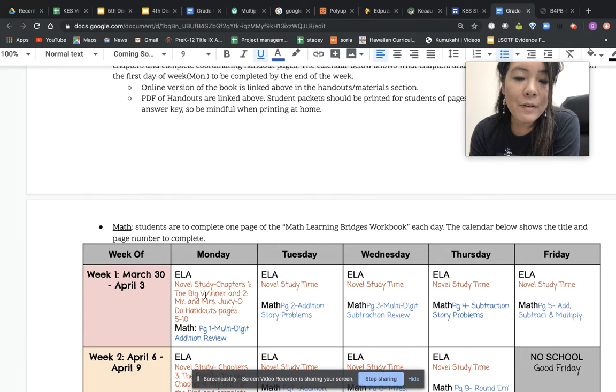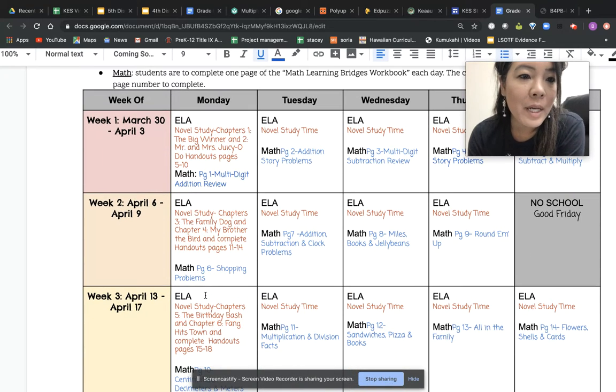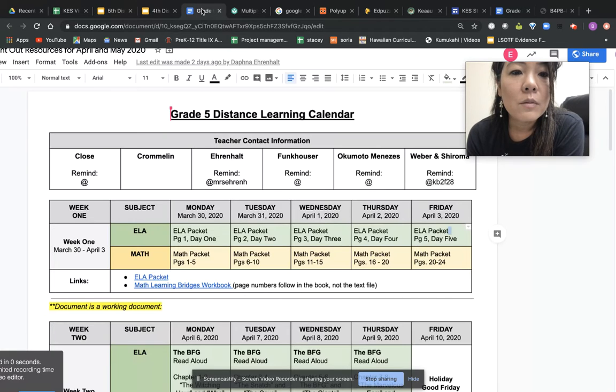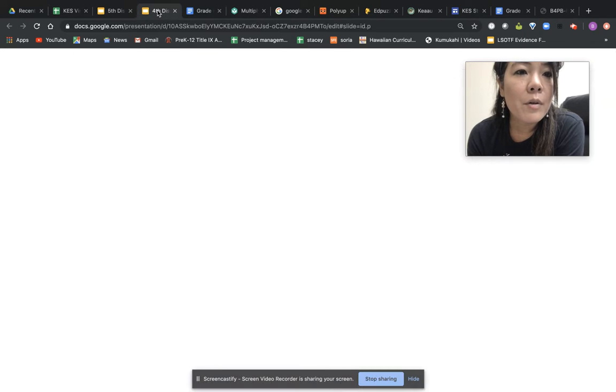There's a lot of information they shared, but on the second page here, it's a calendar for the week. And it shows you a little bit about what we're working on. So for ELA and math today, in math, page 1, multi-digit addition review. That's grade 4, sorry.